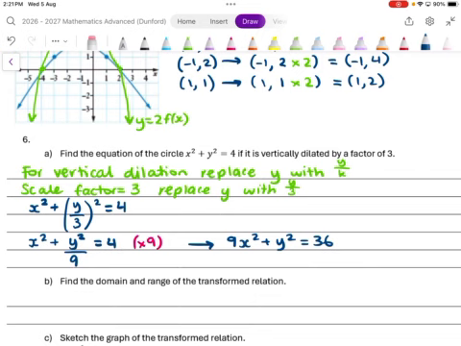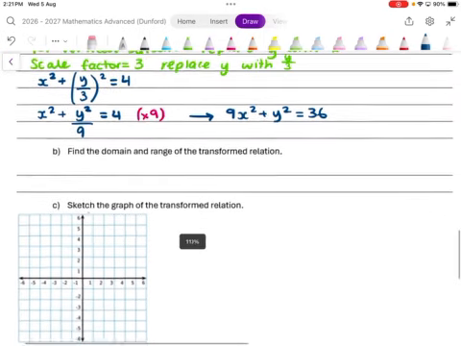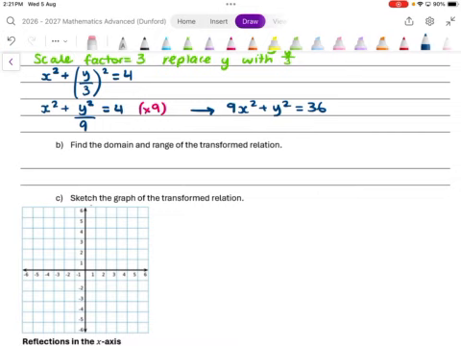All right. Part B, I think it's a lot easier if we actually see the circle before doing it. So with this circle, let's actually sketch it. What we're going to have with our sketch is our centre of 0, 0. Our original function was x squared plus y squared equals 4, right?